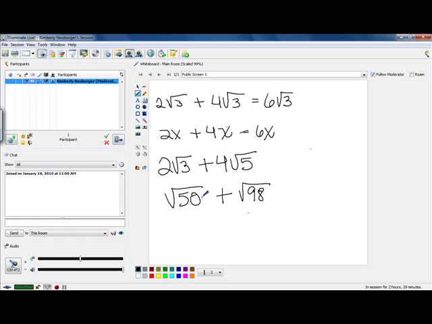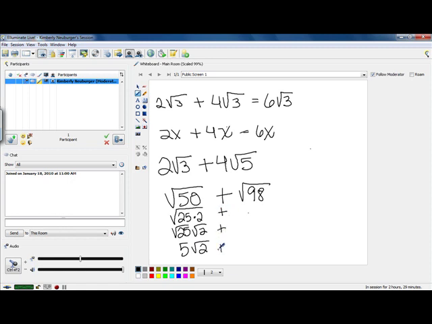So if we look at square root of 50, half of 50 is 25. So 50 divided by 2 is 25, and 25 is a perfect square. So this square root of 50 can be simplified into 25 times 2, which will break up into square root of 25 times square root of 2. And square root of 25 is 5. So this is really 5 square root of 2 in disguise.